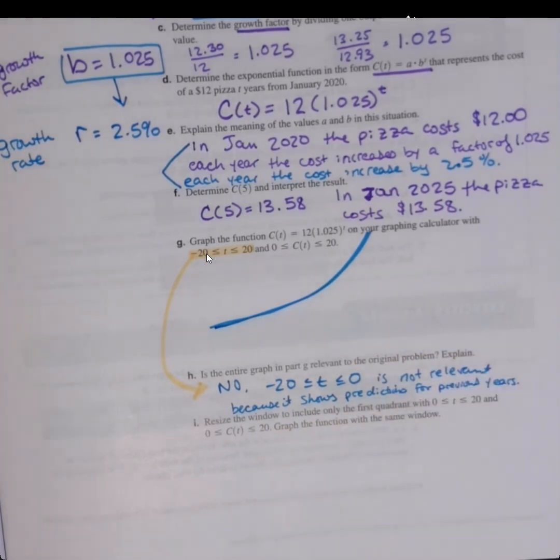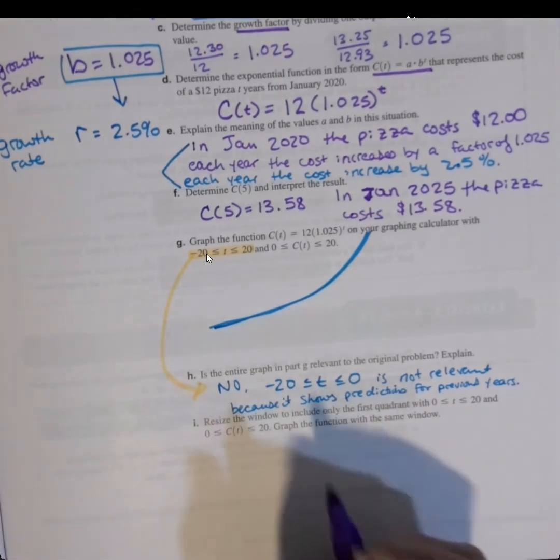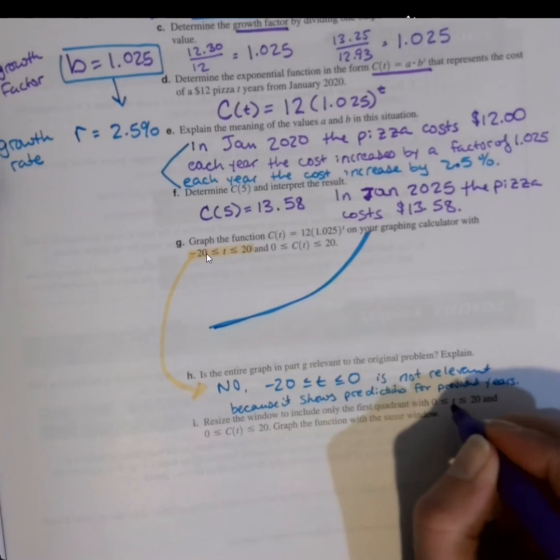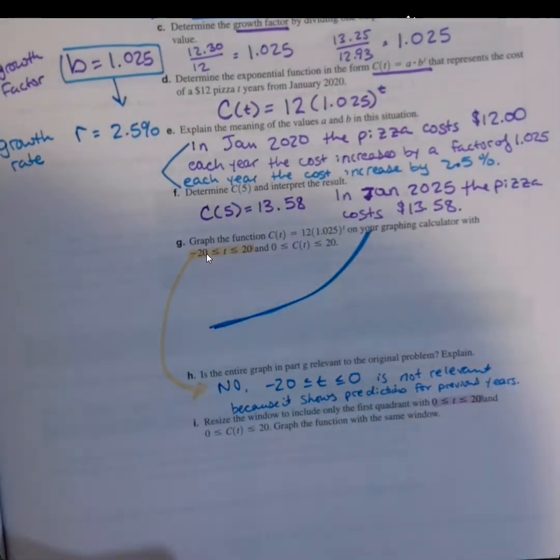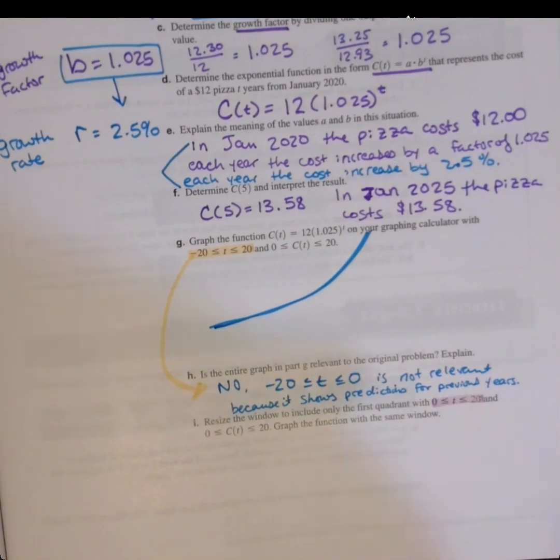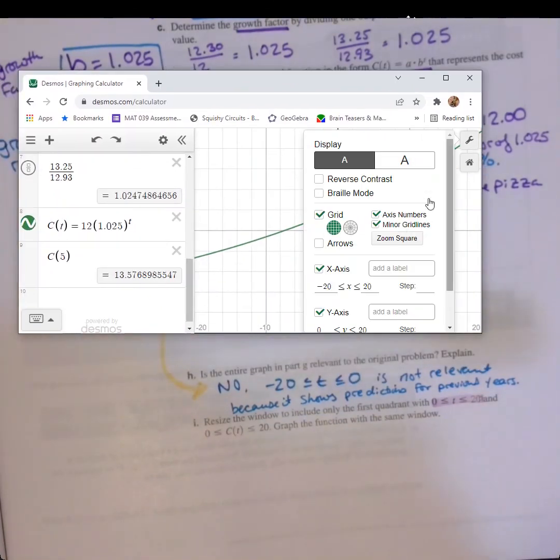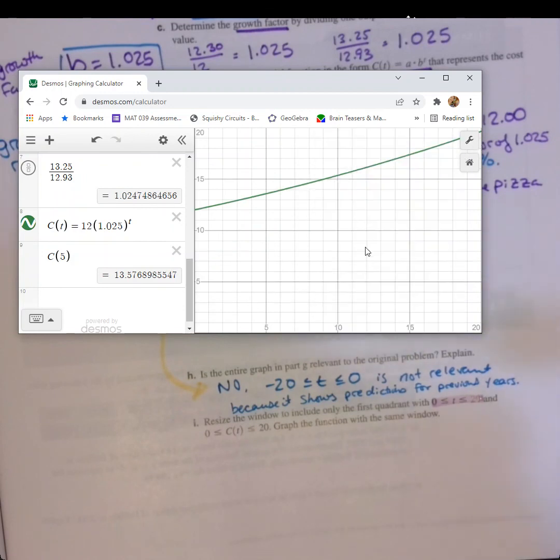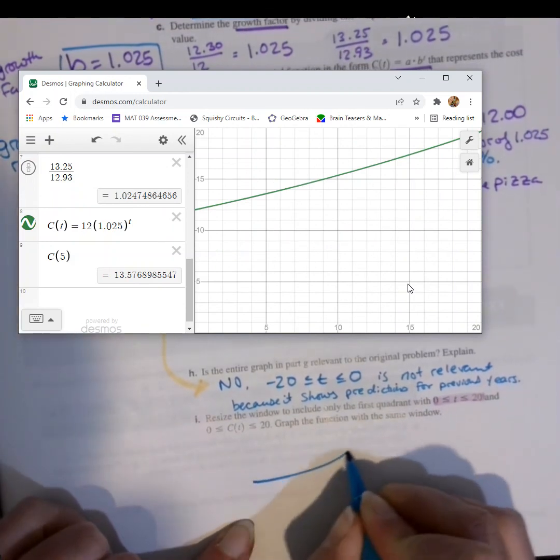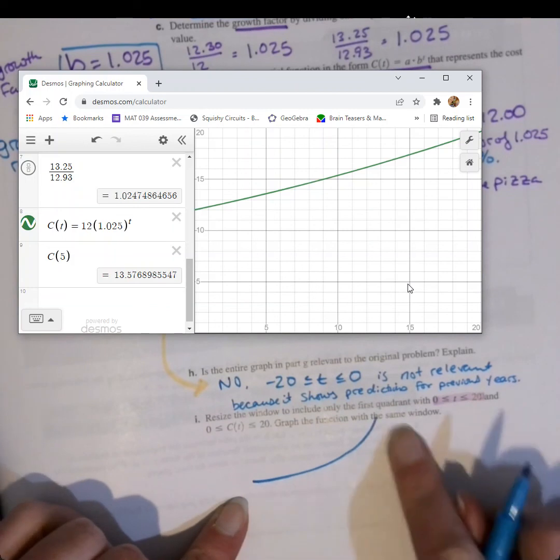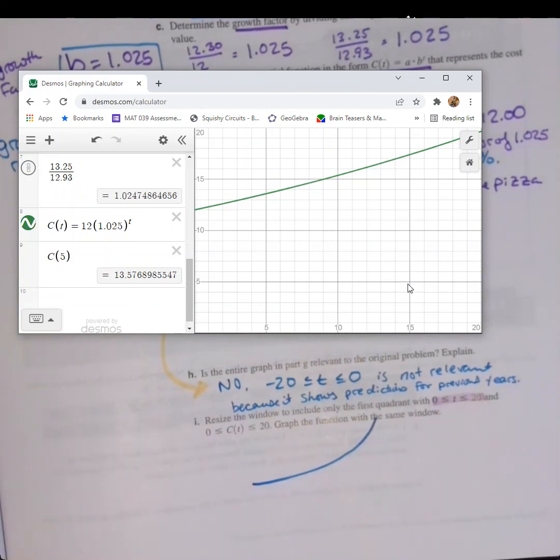Okay, so then now that we think about that, they're going to ask us to fix it. So we're going to fix it and now look at just the years from 0 to positive 20. So we're going to split that independent axis in half and cut this down to 0 and regraph. Okay, so now we're seeing the same graph, but just from 0 to 20 on the t-axis.